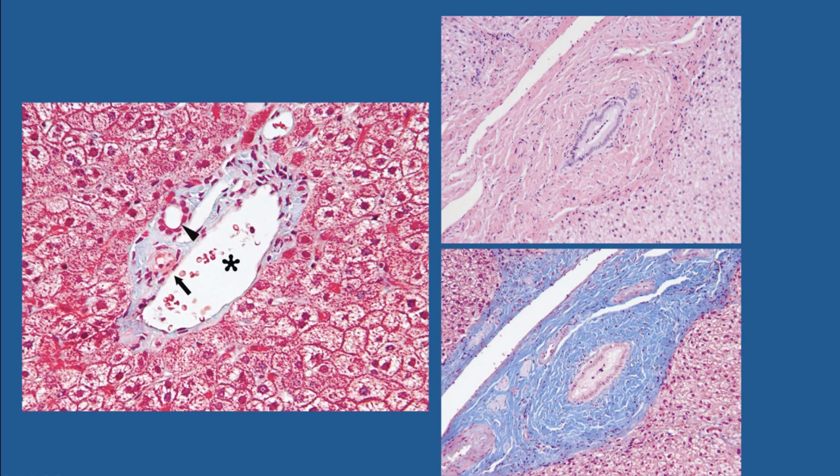And this is important because there is a condition, as you all know, called primary sclerosing cholangitis, which is defined by the presence of periductal fibrosis. And it is important to remember that large bile ducts can have a lot of fibrous tissue around them, and that every time you see this, it is not primary sclerosing cholangitis.